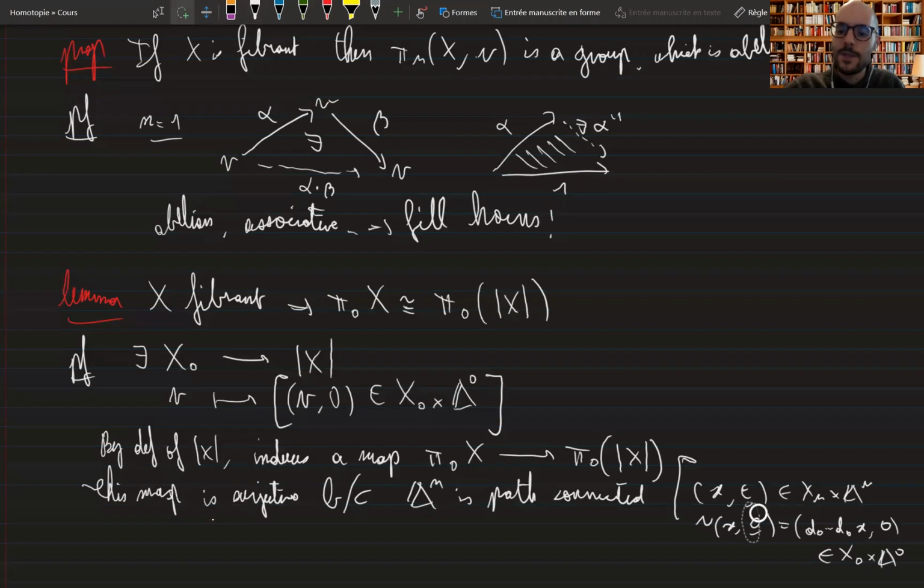This is an element which is in the face of Δ^n. So whenever you have something in the interior of a simplex, it's connected by a path to one of the vertices of the simplex. So therefore, it comes from this map.